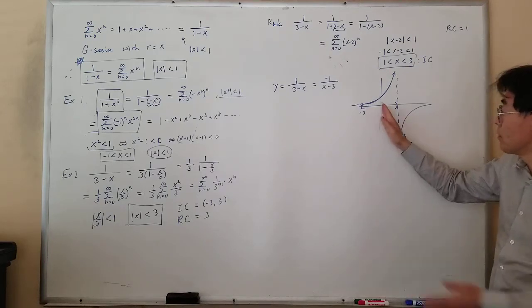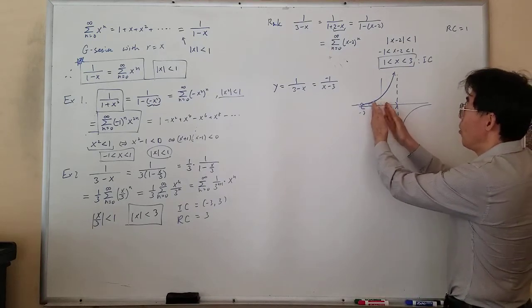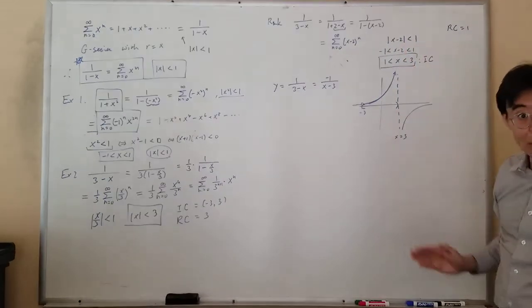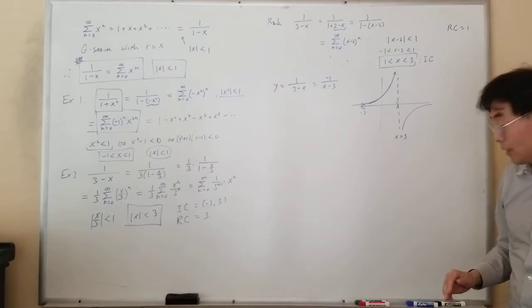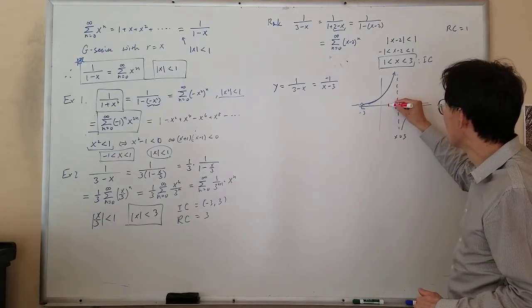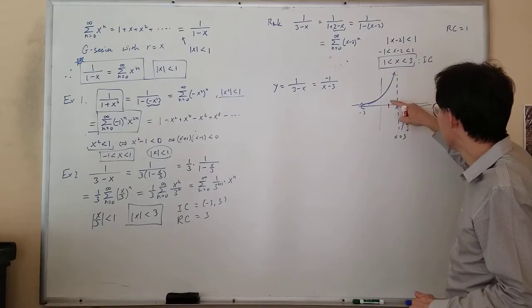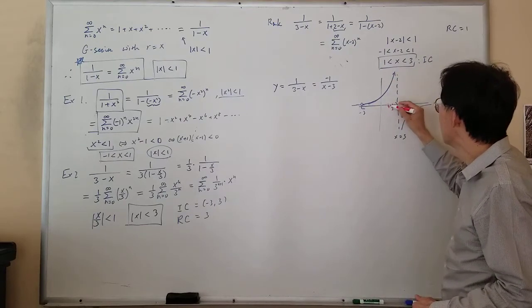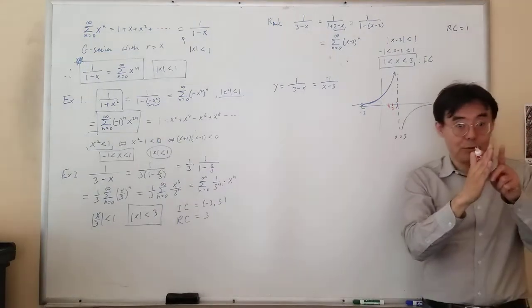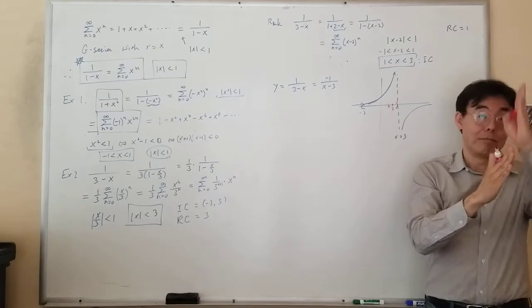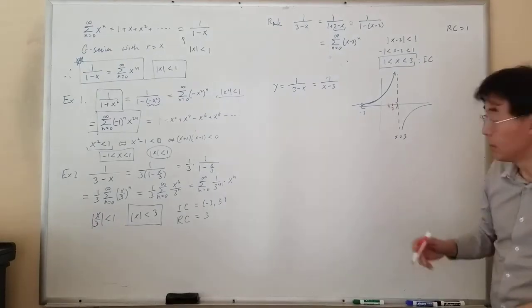So when you expand around 0, you can go all the way up to 3 before you hit the wall, right? The vertical asymptote. Now if you start from around 2, this is 2, this is 3. Then from 2 you can go only up to 1, distance 1, before you hit the wall.